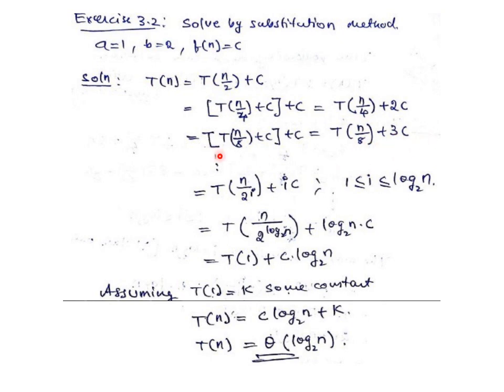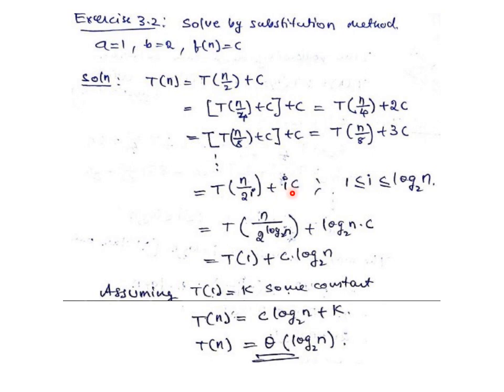Further substituting using the substitution method, we can write t of n divided by 2 to the power 4 plus 4c. Again, t of n divided by 2 to the power 5 plus 5c, like this. And finally, in general, t of n divided by 2 to the power i plus ic, right?